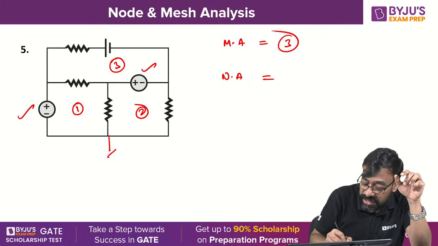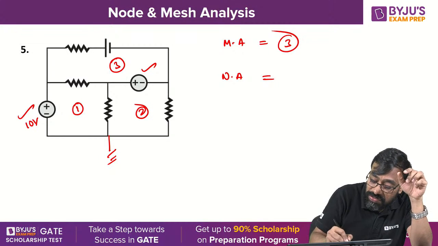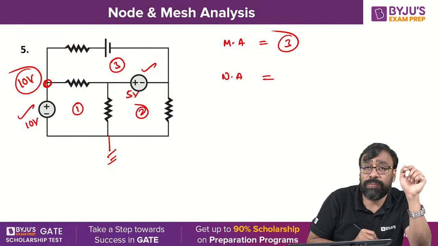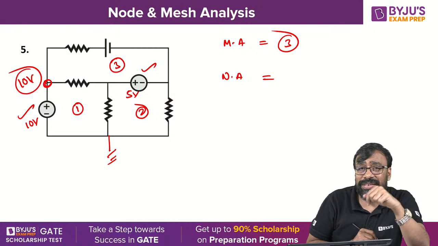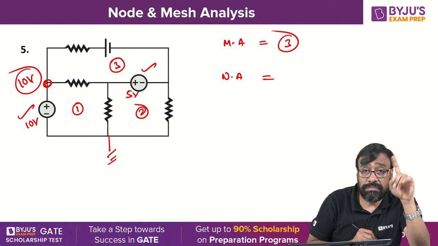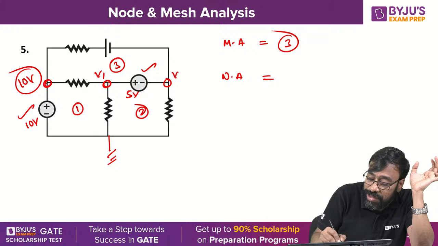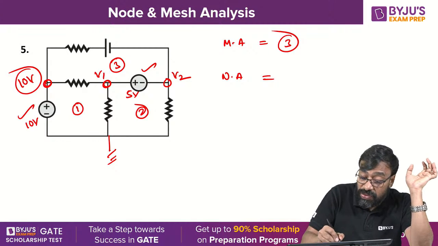If you take this one as 0, say this is 10 volts, this is 5 volts, this value is obviously known. Got it? Now, this is an unknown value. It is forming a super node.